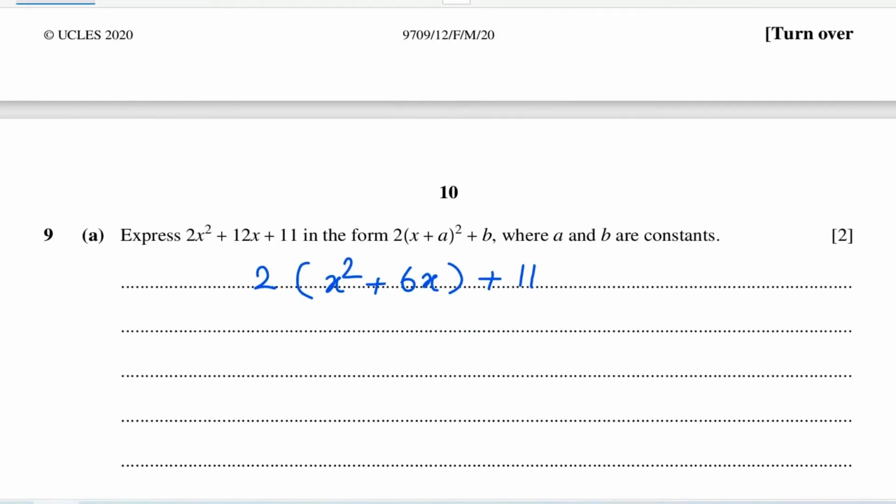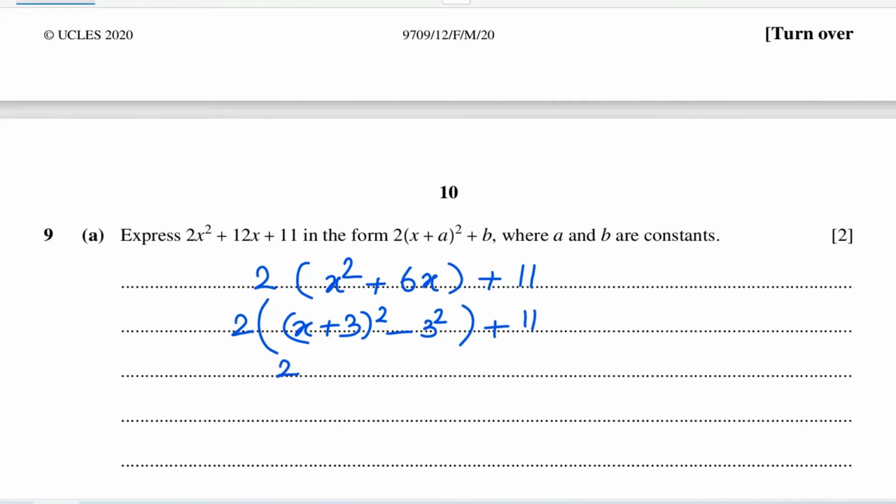To make it a perfect square, we need to add 6 divided by 2, that is 3 square, and subtract 3 square. So x plus 3 the whole square minus 3 square plus 11.